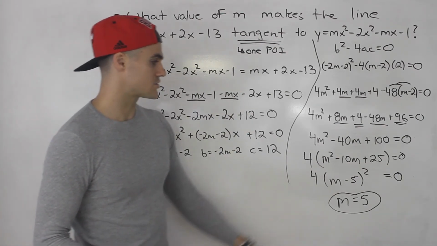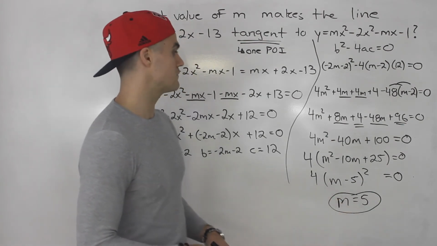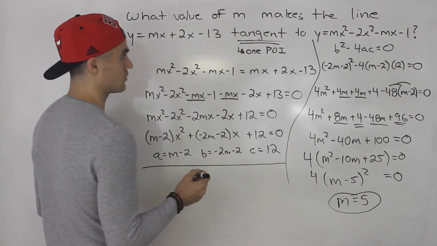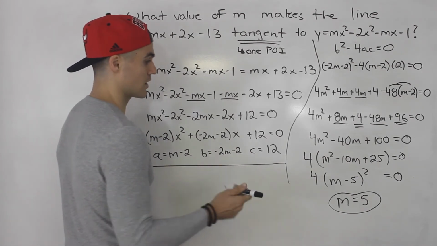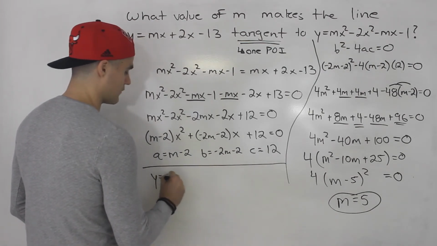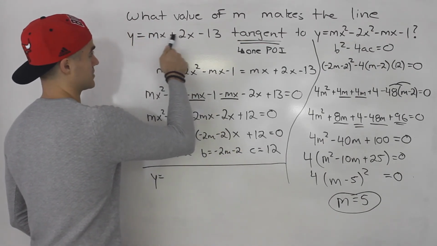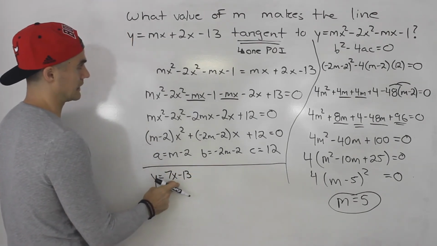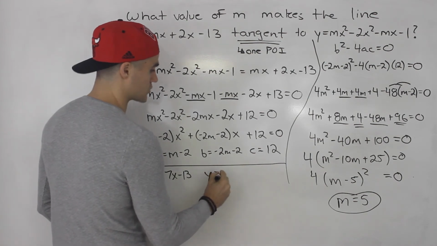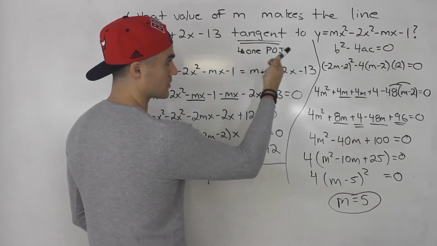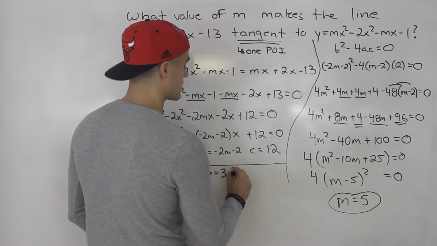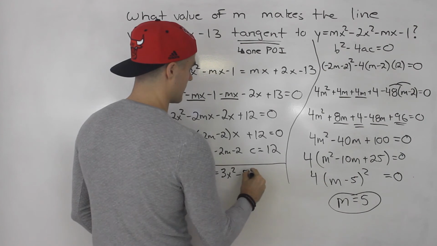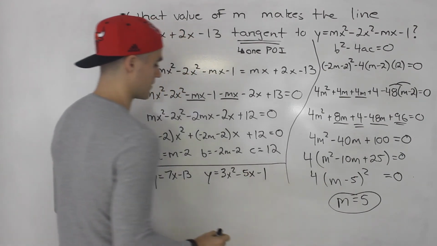And you can actually check your answer. So you could plug in this m value of 5. I'm not going to check it, but I'll show you how you can start it if you do want to check it. So if we plug in an m value of 5 here, we'll have 5x plus 2x, so we'll have 7x minus 13. That's the line. And then what's the quadratic going to be? We'll have 5x squared minus 2x squared, so that'd be 3x squared, minus mx, so minus 5x, minus 1.